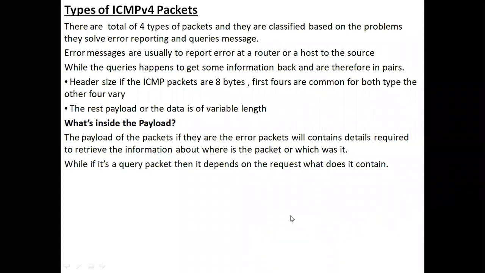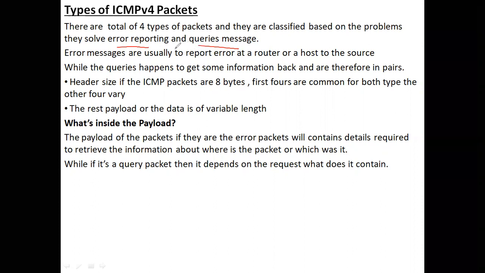There are mainly 4 types of ICMP datagrams, and they are classified into 2 major sections, based on the 2 problems that we are solving: error reporting and query messages. Whatever packet type we have, we classify it into these 2.